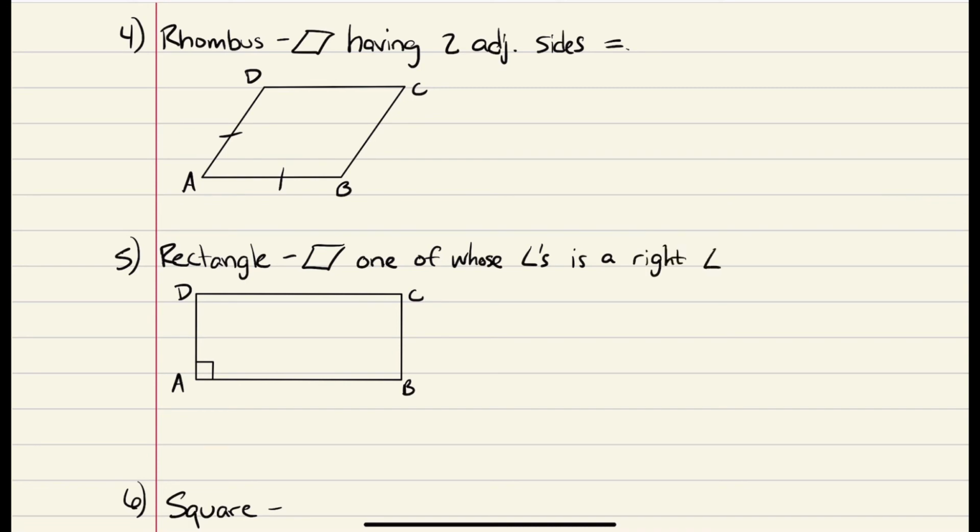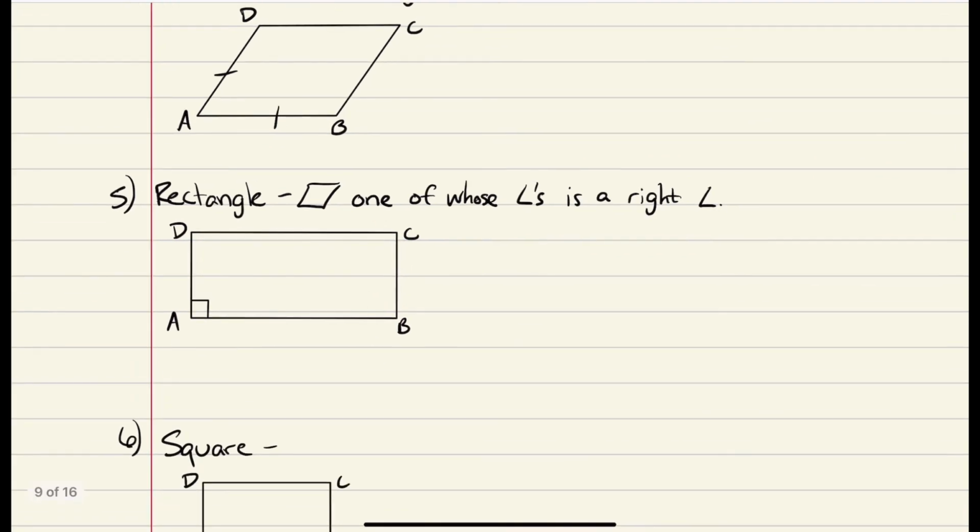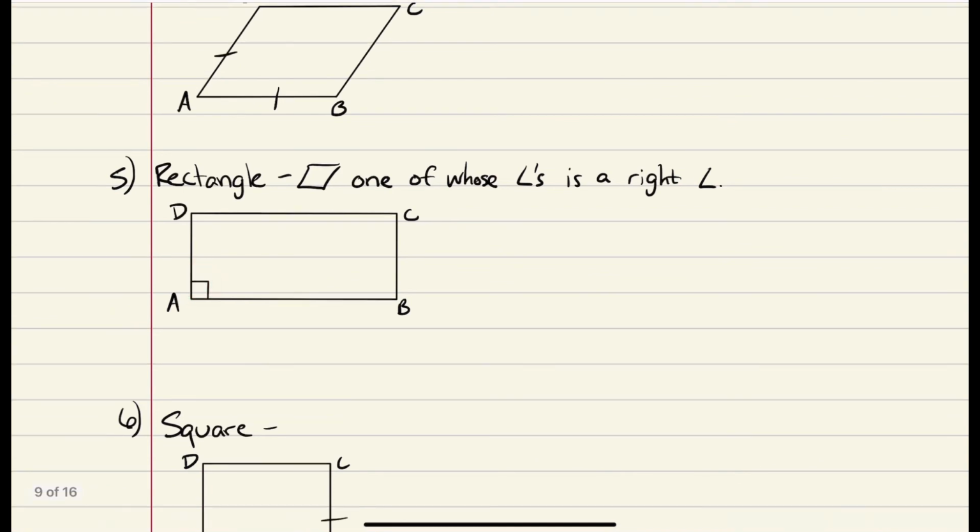All right, so again, opposite sides parallel, parallelogram. And then also it has at least one right angle. We are not stating that all of these are right angles. Again, we can prove it, but by definition, we're going to state that it's a parallelogram that has one right angle.